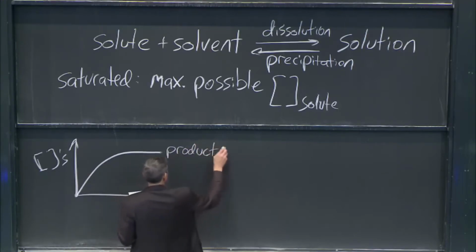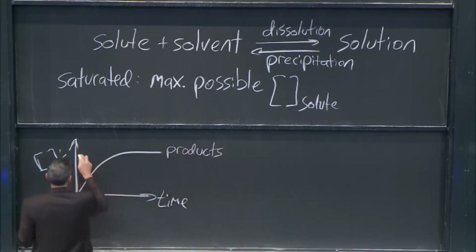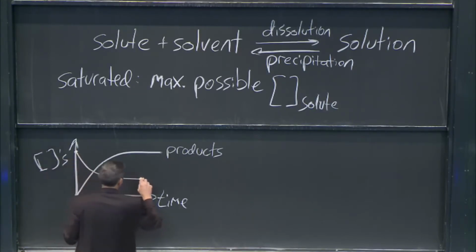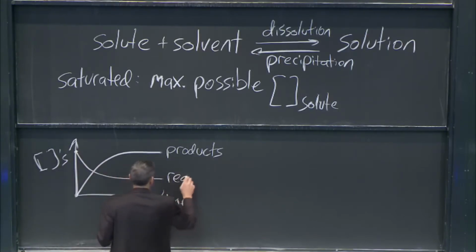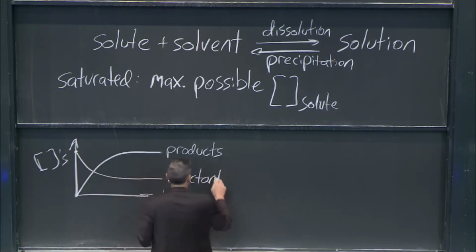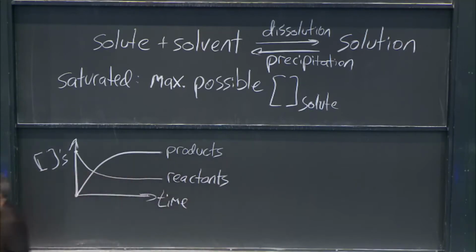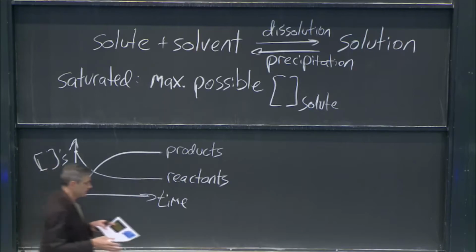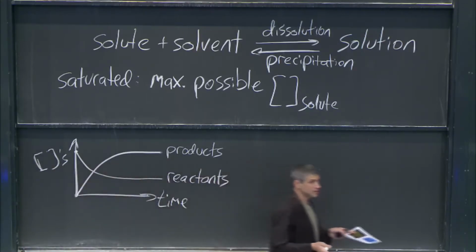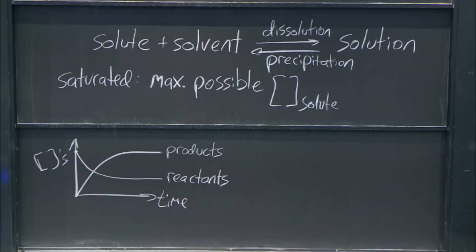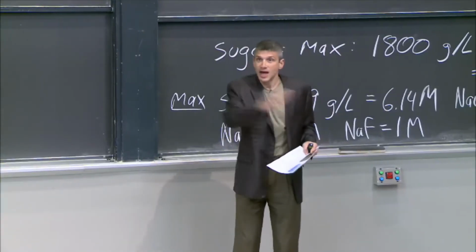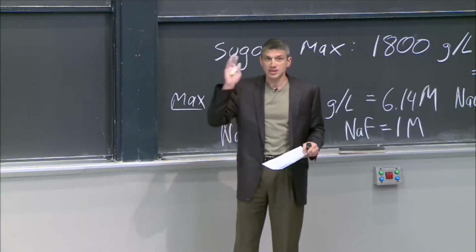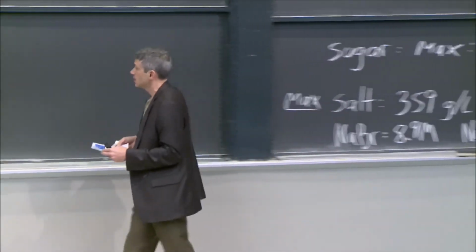But at the same time, maybe I've started it up here, and these are the reactants that look like this. So the concentrations of these things, at a certain point, they're changing, and then at a certain point, they're not changing. But there's still reactions happening back and forth, like I just showed you. It's a dynamic equilibrium. Okay?